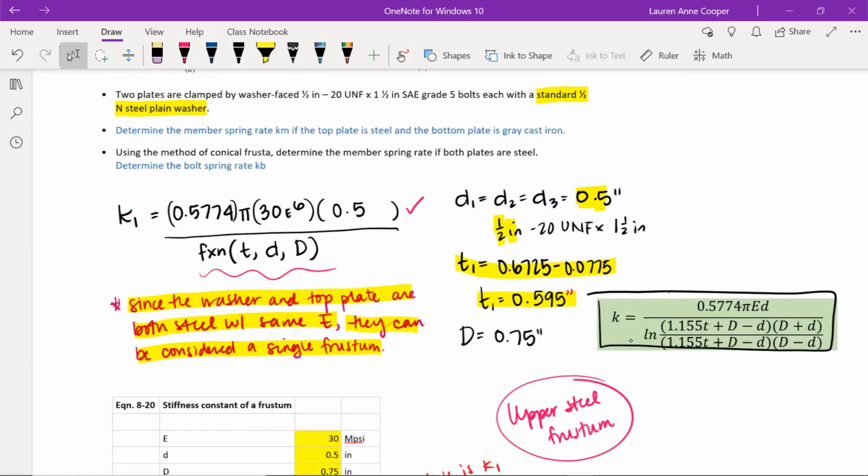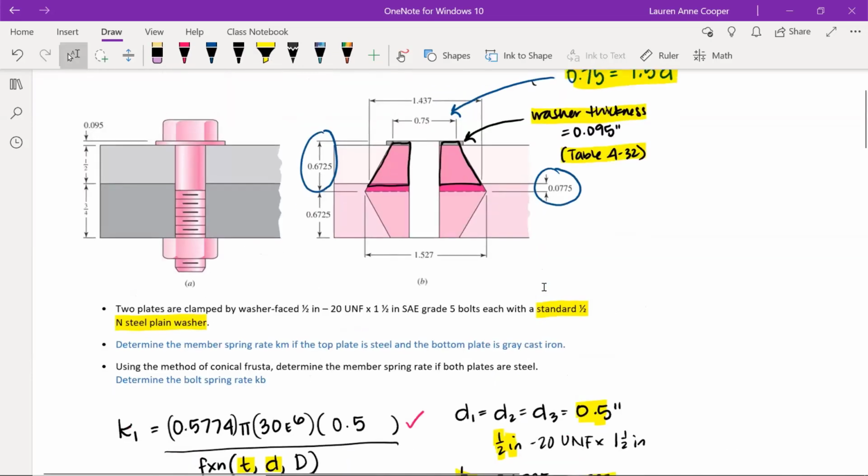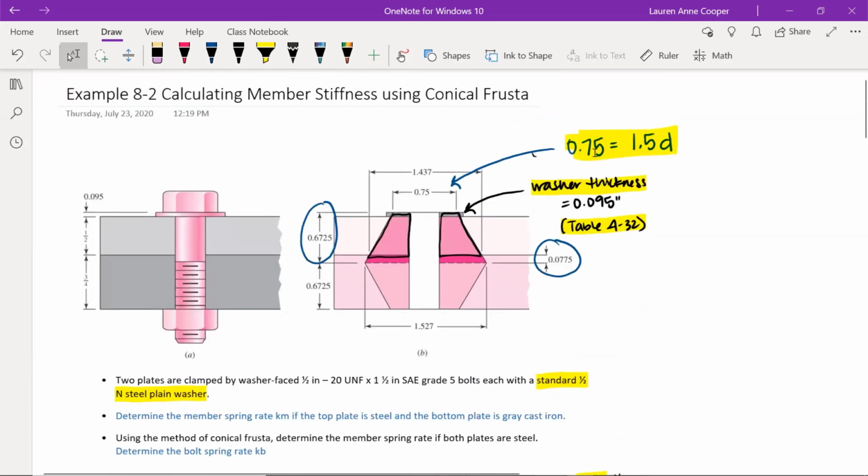So we have two out of the three things that we need. We have d, we have T. And then the diameter, that's easy so long as the frustums are at the top or the bottom of the joint, because we're just going to use this relationship. Big D equals 1.5 times the major diameter of the fastener.